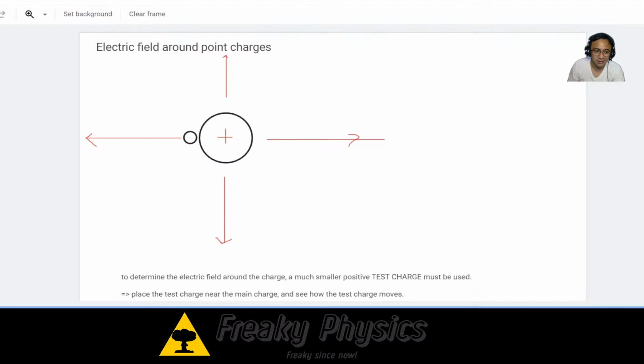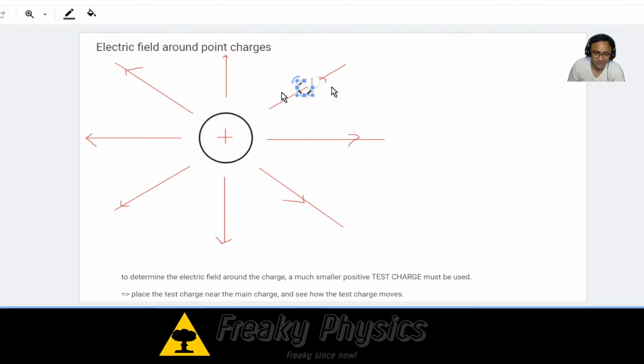So you will see that the more we put that test charge around the object, the more lines we can draw. We put this here, we draw this here, then we put this here. It's going to go this way. We can continue on indefinitely by putting it here, here, here, but we're going to stop here with 8.